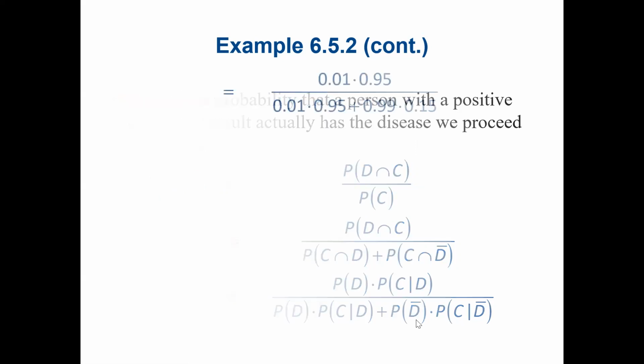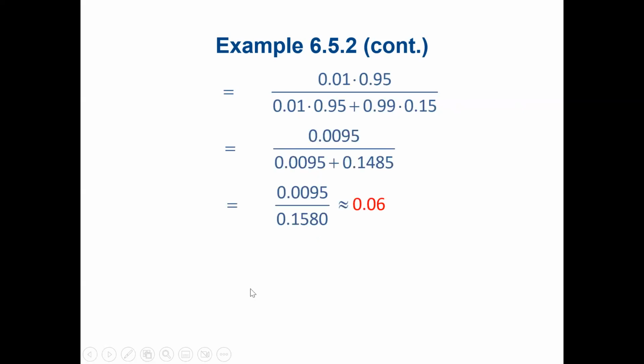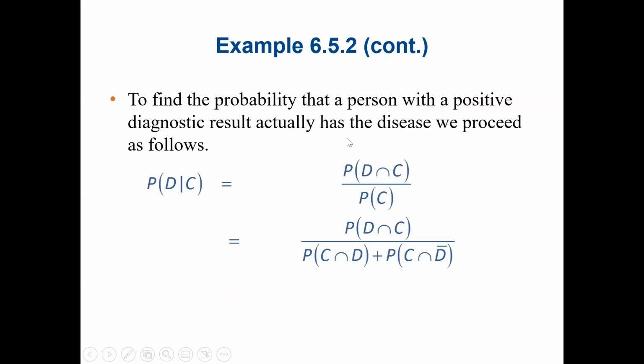So we can see that we have most of the values and we plug in all the values given to us. So the correct answer will be 0.06, which means a 6% probability of D given C, which is what the question asked.